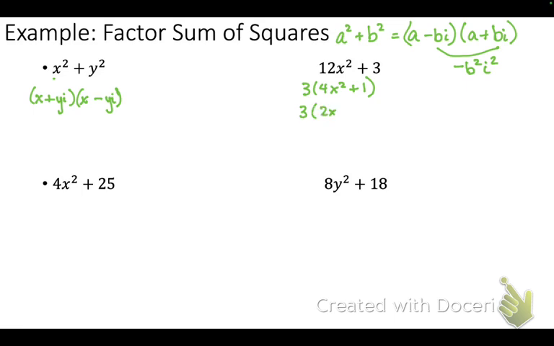So it'd be 2x and 2x, right? And then it'd be plus and minus, just an i and an i, because 1 is 1, right? Yeah. Okay. Try the next one on your own. 4x squared plus 25.